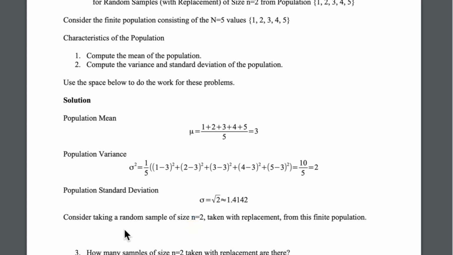And so we next consider taking a random sample of size little n equal to 2 from this finite population of 5 values. And again, we're taking these samples with replacement. All right, and so it's possible then to get the same value both times because we're sampling with replacement.